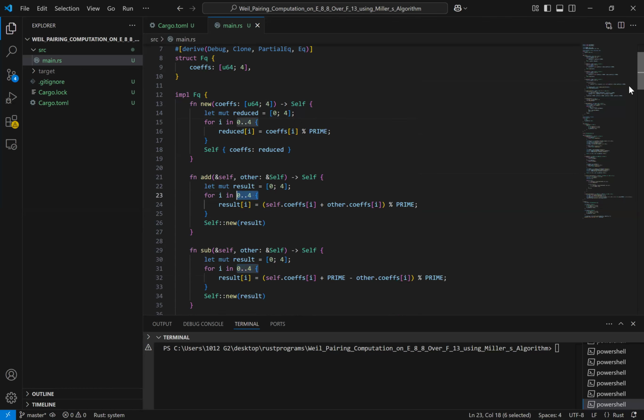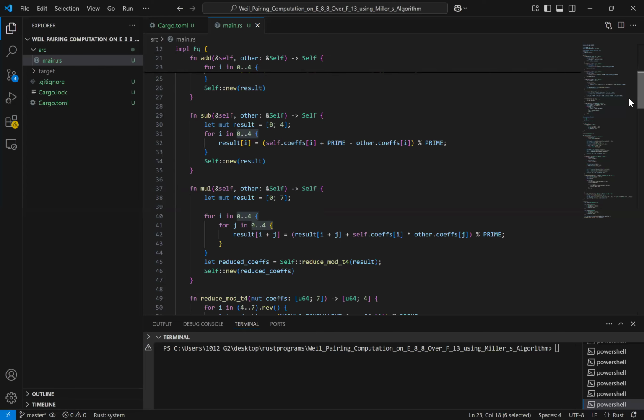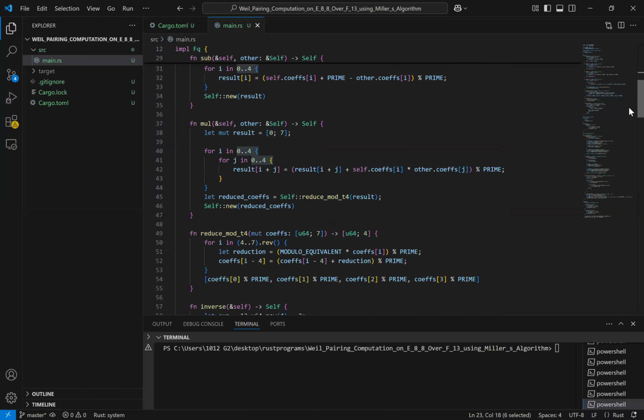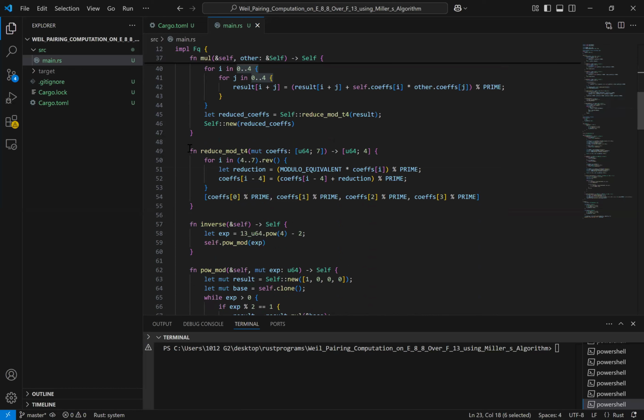Whenever the power goes beyond, it should reduce. The power is always supposed to be 0, 1, 2, 3. So this is why it's reducing. Function reduce mod t raised to 4. So every time t raised to 4 appears, it's supposed to be reduced by this function.